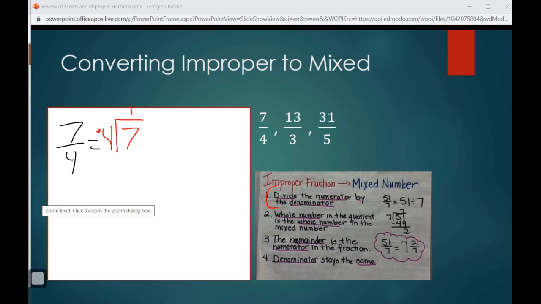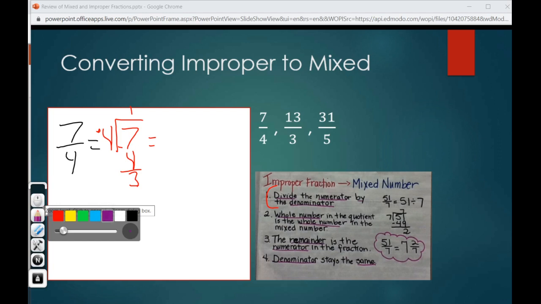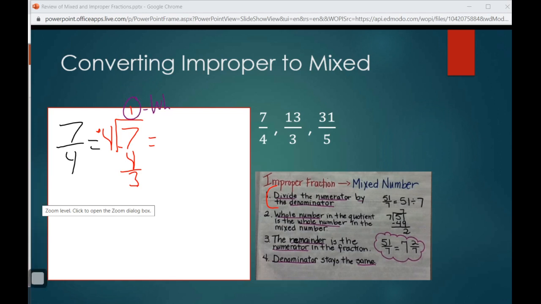Which is fine. 4 times 1, I'm going to bring this down. You subtract these numbers, and you're going to get 3. This is all you need to do. You don't need to find the decimal. You stop here. This in purple, your whole number is going to be the quotient. This is going to be your whole number.